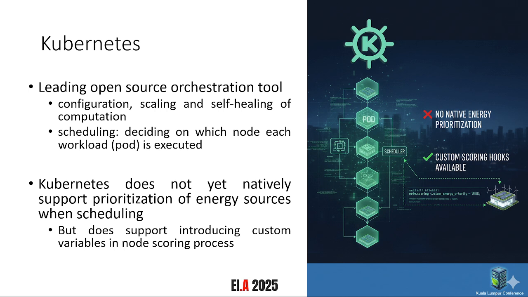And then it allows you to configure them, scale them if you need more or less copies to perform the computation, self-heal if some of the pods crash, and also schedule, which in terms of Kubernetes means deciding where to execute the workload, on which computational node. Kubernetes natively does not support prioritizing energy sources, for example, renewable energy, but it's very customizable.